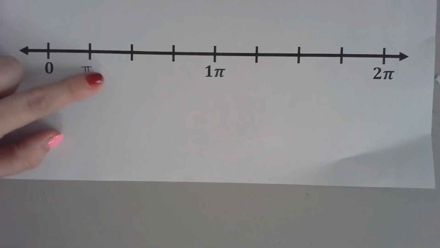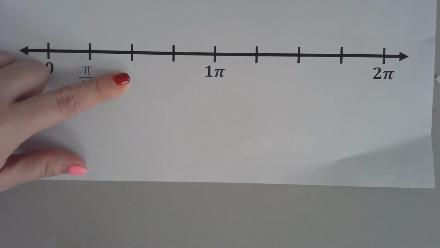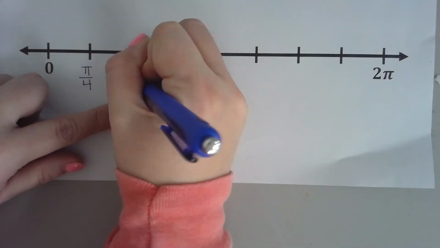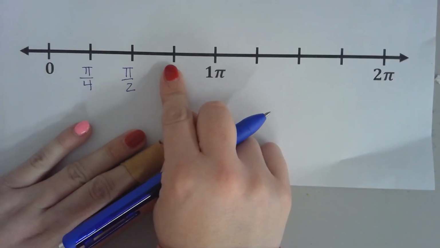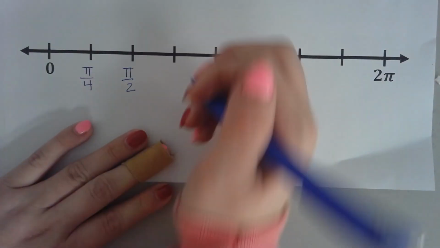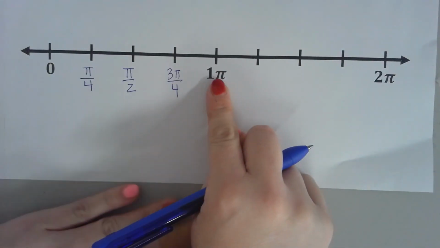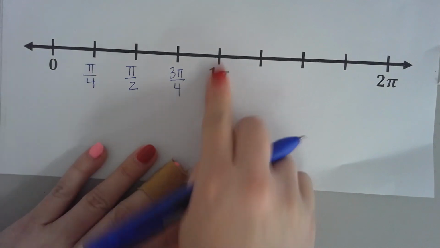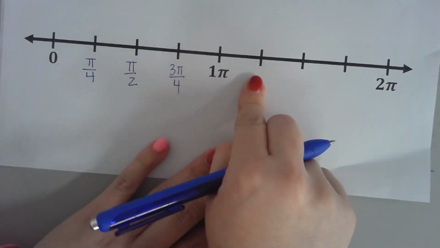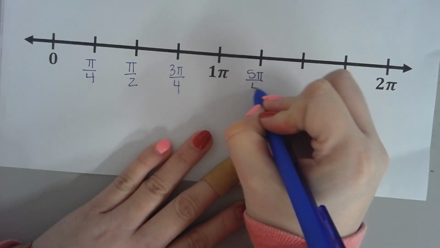And then we have what? Pi over 2. Yep. Next, 3 pi over 4. And then 4 pi over 4 simplifies to 1 pi. And then it would be what? 5 pi over 4.